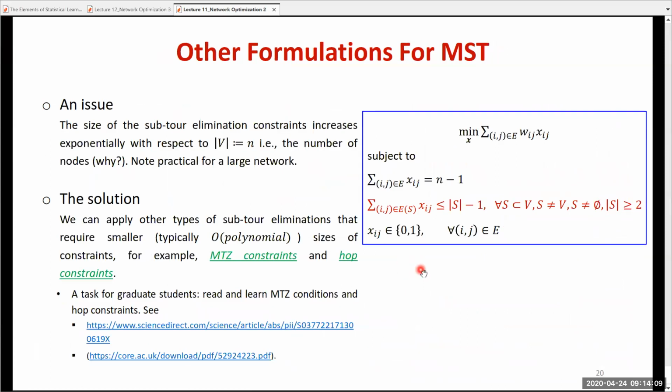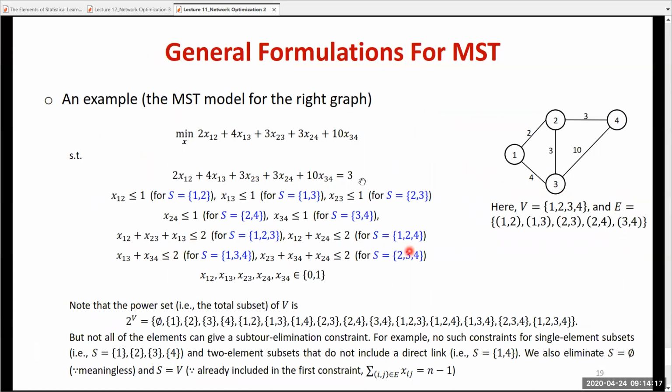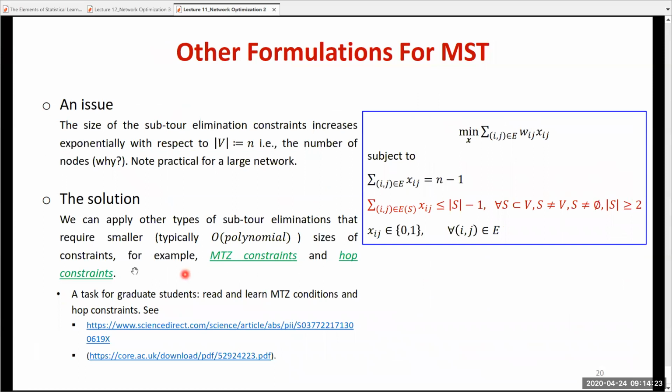And that's also the reason why we mentioned that in practical examples, nobody's gonna use this kind of formulation to formulate the MST problem. They are gonna use, for example, MTZ or hop constraints. But these 2 constraints need more time to introduce.